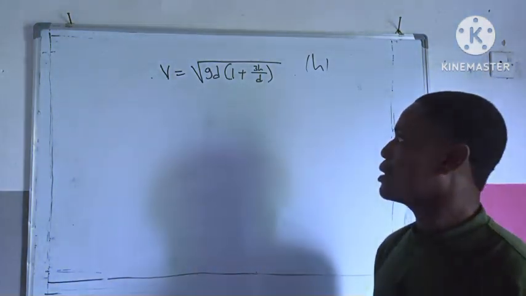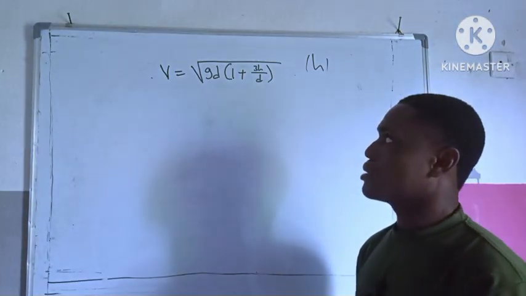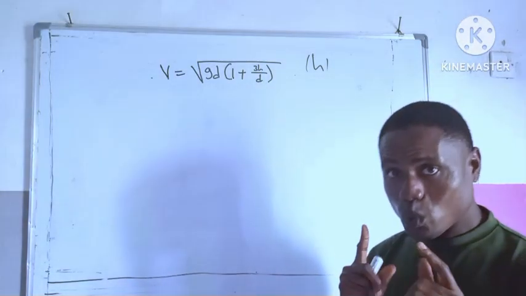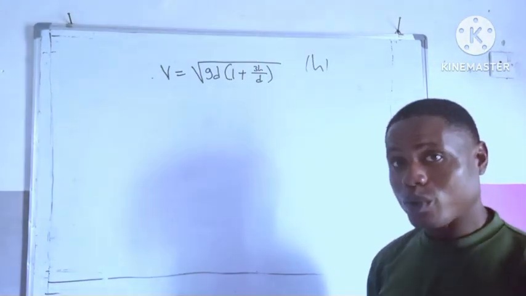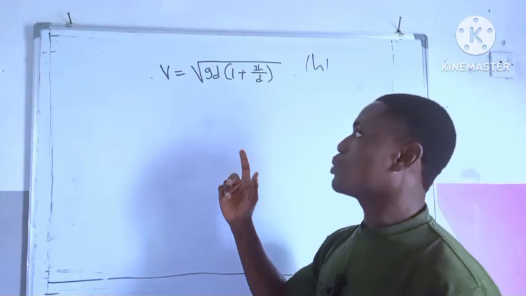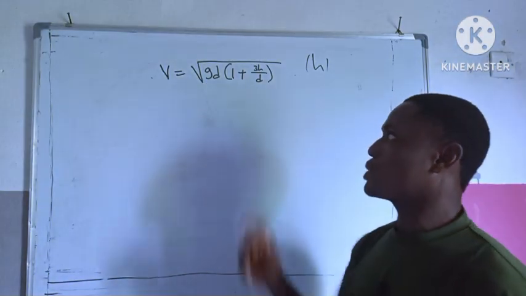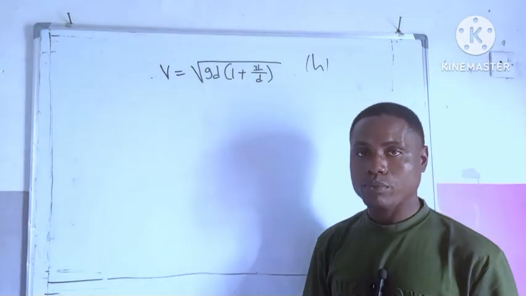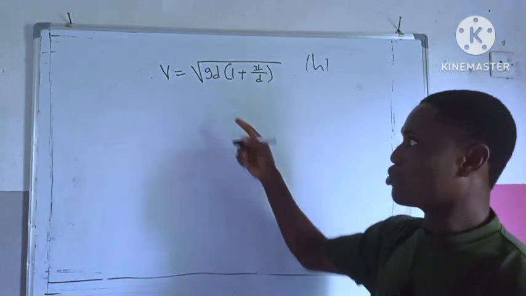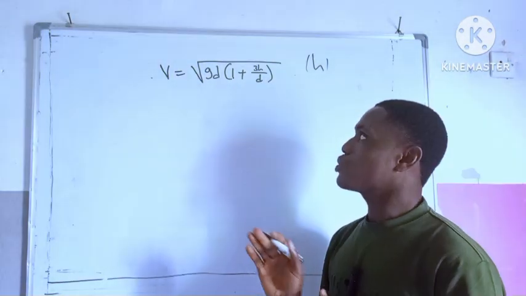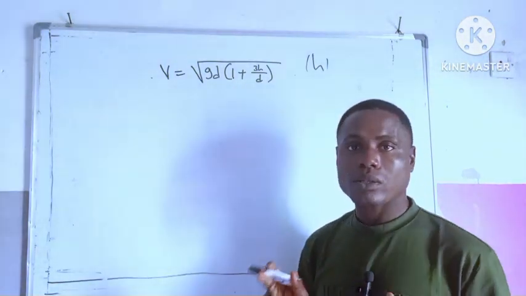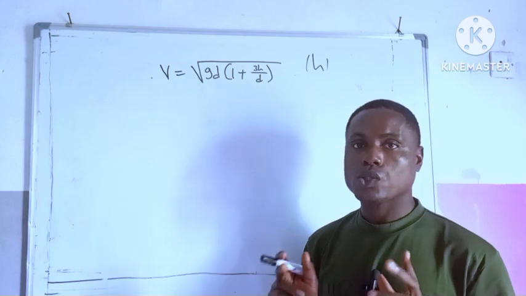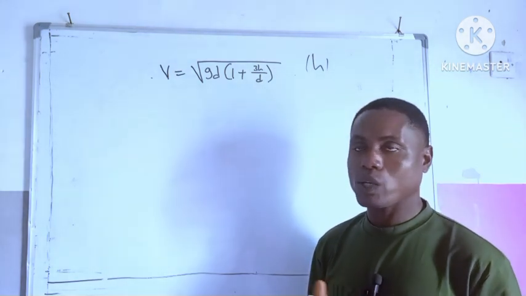The first thing we need to do is look for a way to cancel out the square root. For us to successfully cancel the square root, we must square both sides of the equation.